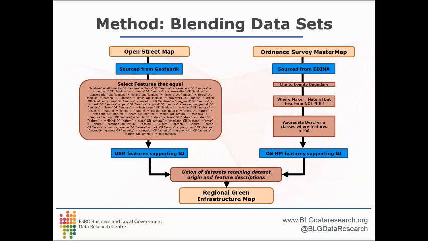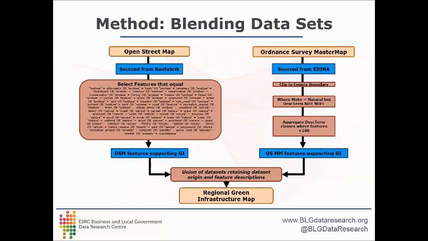When working with OpenStreetMap, we found that rather than taking the data sets directly from the OpenStreetMap website itself, it was easier to take extracts from GeoFabric, which is a German company that produces, if you like, cutouts of OpenStreetMap data for different areas. It's just a lot easier to work with.